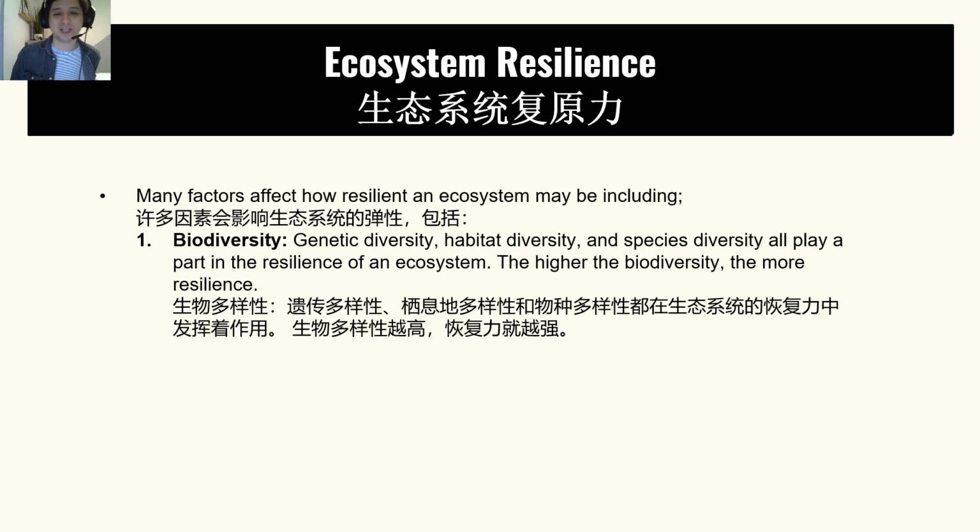So biodiversity is broken into 3 parts that we'll cover in this class. One is genetic diversity. Genetic means like gene, DNA, right? So within a species, there's going to be genetic diversity within that species. Habitat diversity, again, habitat is like home, right?